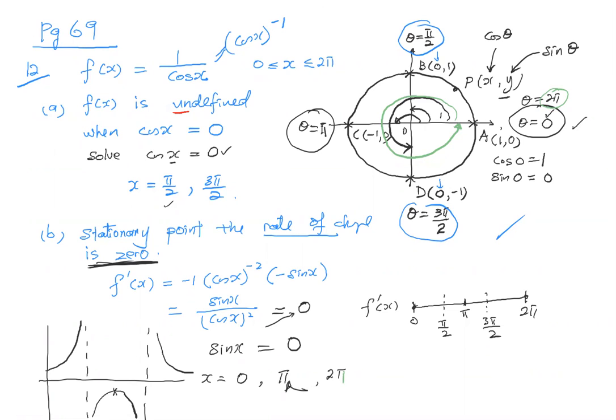So what is the maximum point? Local maximum? Okay, the local maximum is pi and -1, correct? The other 2 points are local minimum.